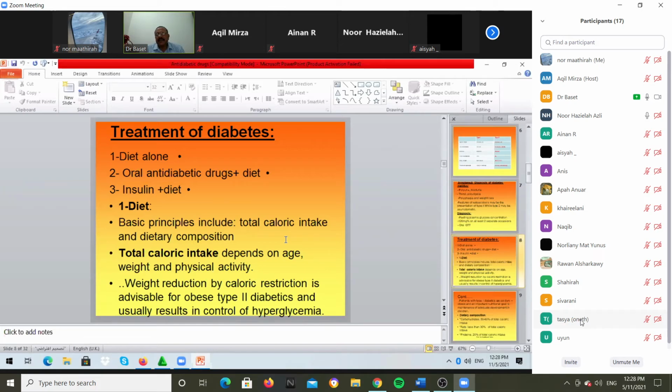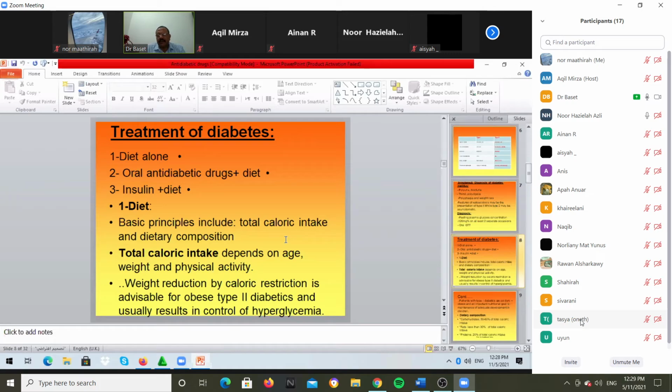These are different jobs with different physical activities. The worker may need higher calories, but the other, who is sitting 24 hours with not much physical activity, needs less caloric intake.